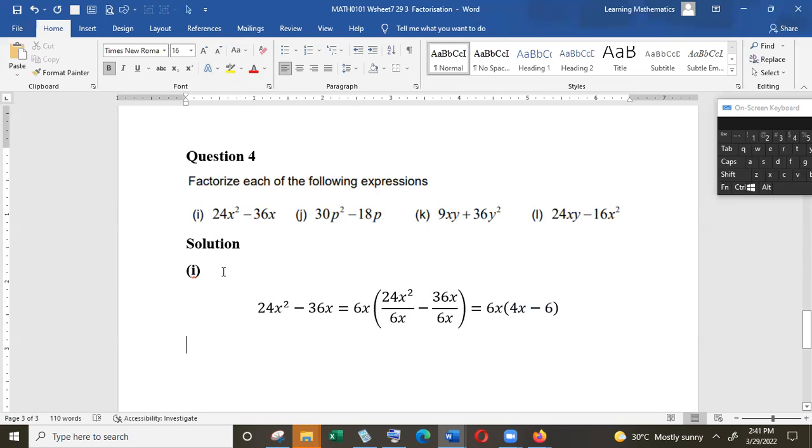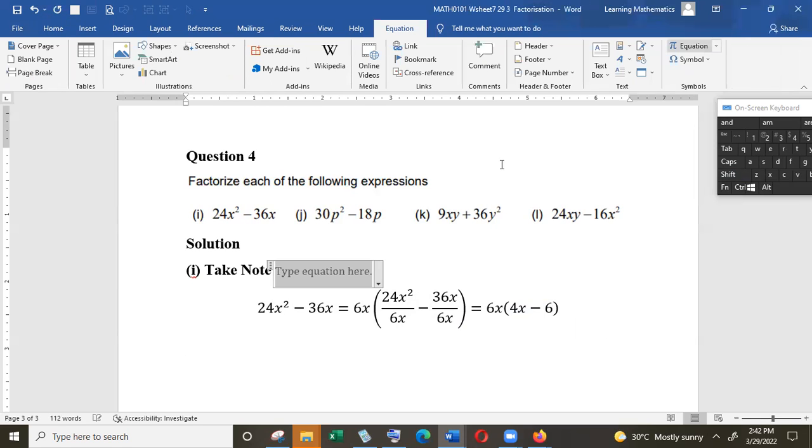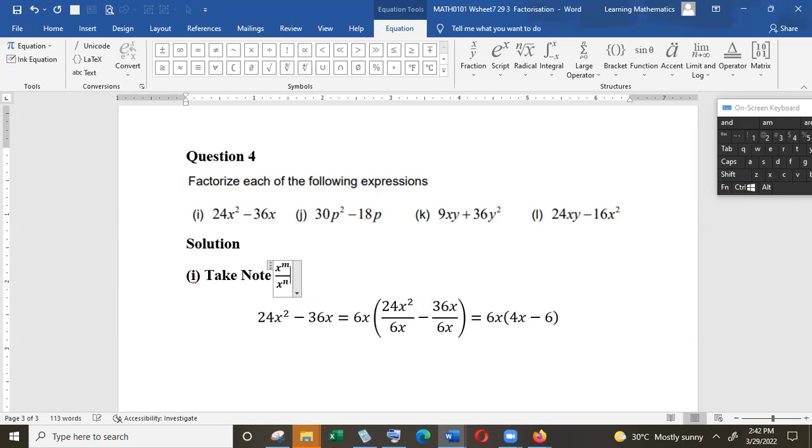All right. Please take note of this rule of indices. If you have x raised to the m divided by x raised to the n, that will give you x raised to the power m, subtract the power n, the exponent below.